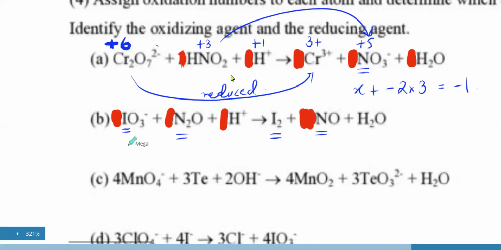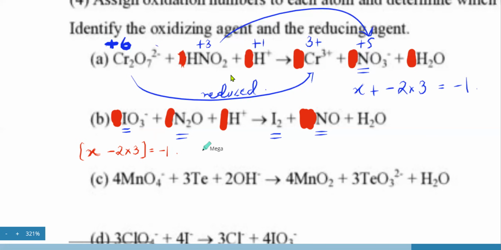So why is it coming out to be 2? I is the unknown, that's X, right? Yeah. And there are 3 oxygens, so that's minus 2 times 3, right? Yeah. Okay, and they should add up to be equal to minus 1. So what do you get?